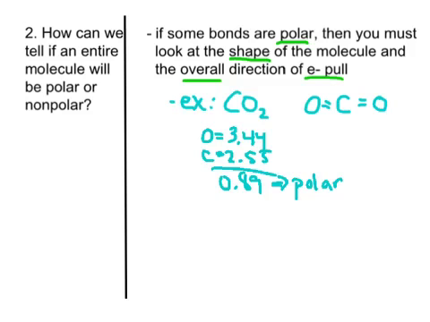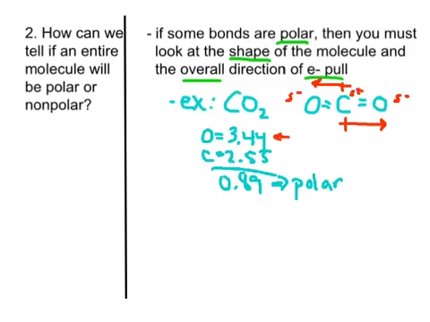If we draw out the polarity, oxygen has a higher electronegativity, so it's pulling harder. So we've got a pull on the electrons towards both of the oxygens. So the oxygens will be slightly negative, and carbon will be slightly positive.